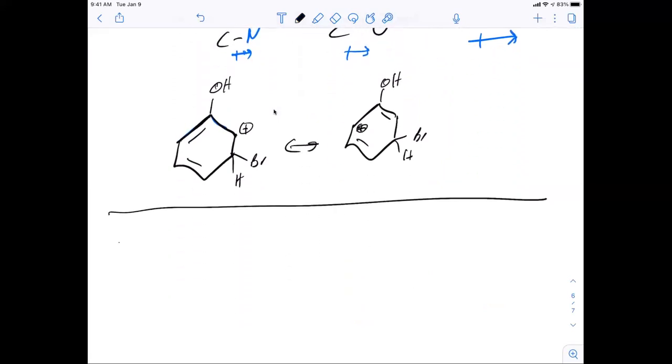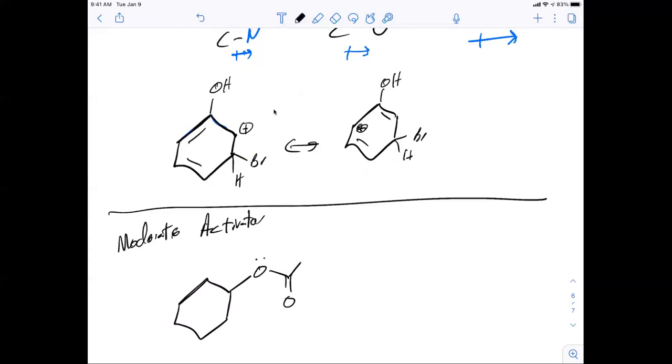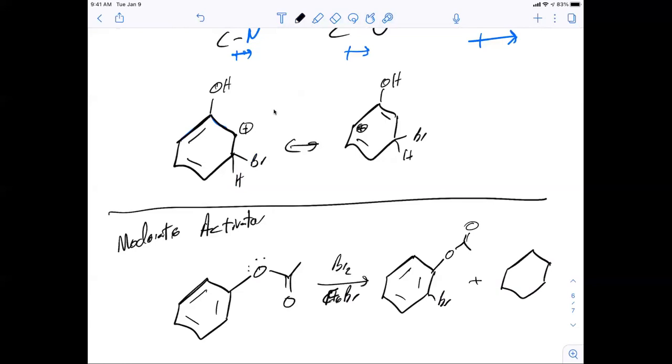So if we look at the next group, the moderate, again, we can get the ortho and the para as our major product.